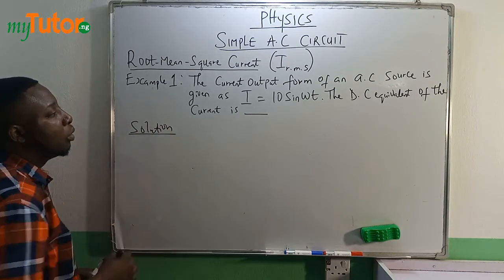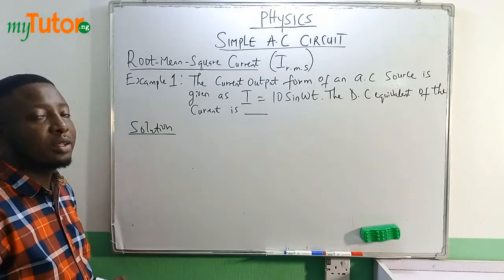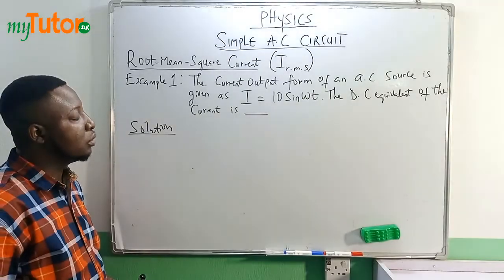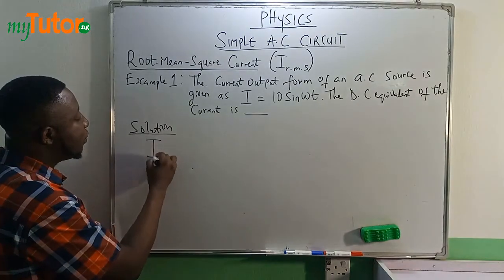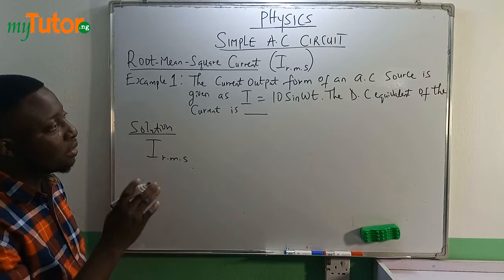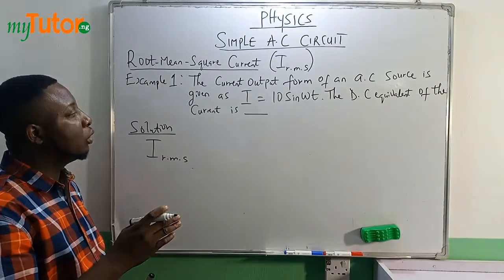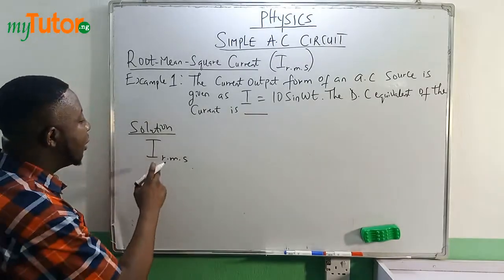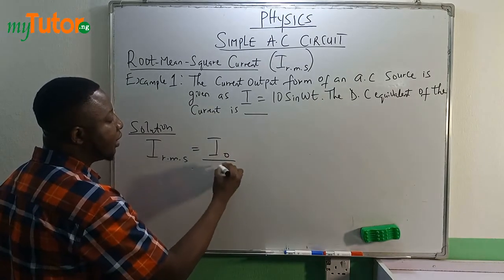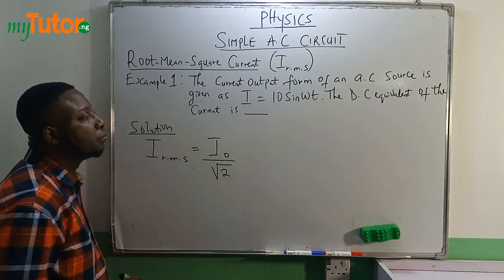To solve this question, we need to recall that the DC equivalent of our alternating current is called the root mean square current. So the DC equivalent is called the root mean square current, and root mean square current is equal to the peak current divided by square root of 2.